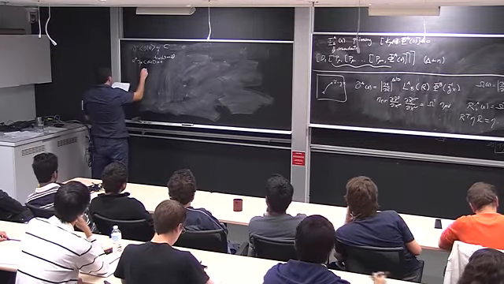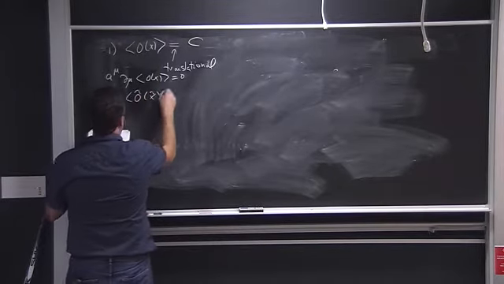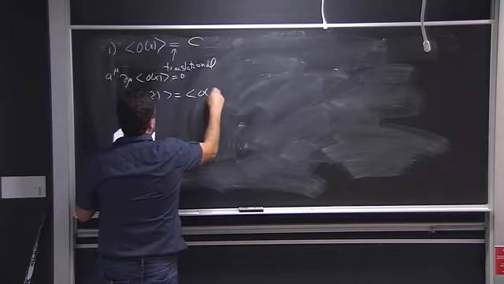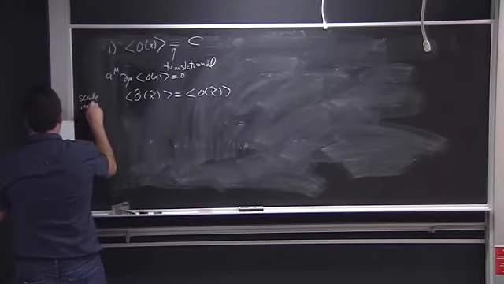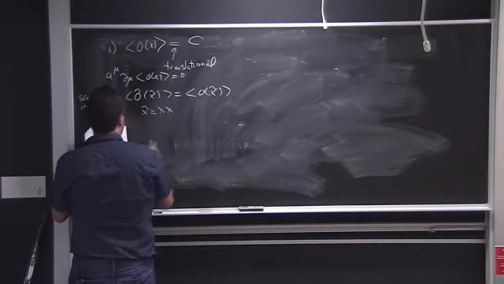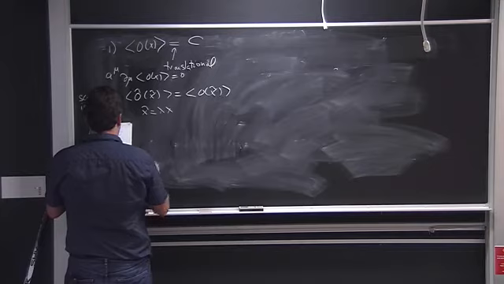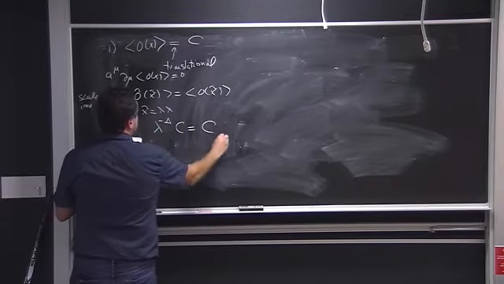Now, scale invariance. So now let's impose scale invariance, where x tilde is lambda x. This will imply that lambda to the minus delta times c equals c.